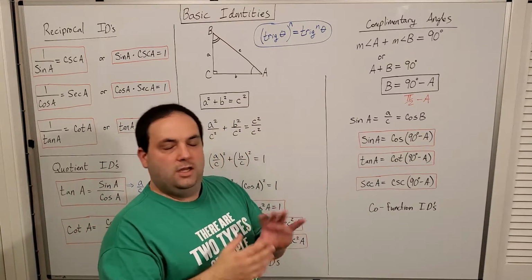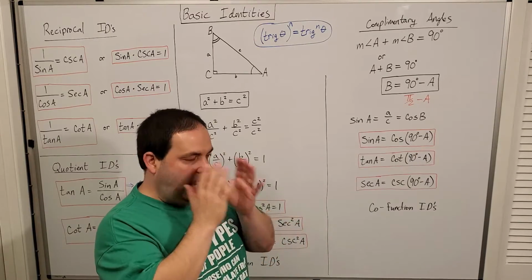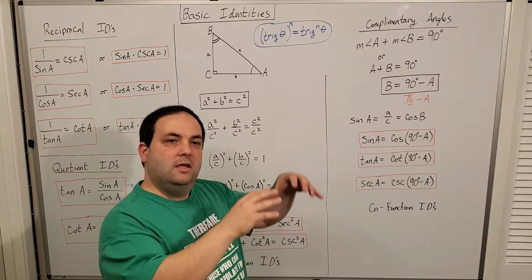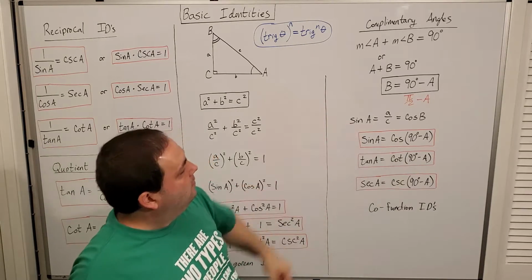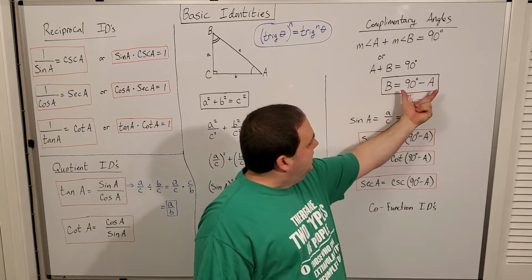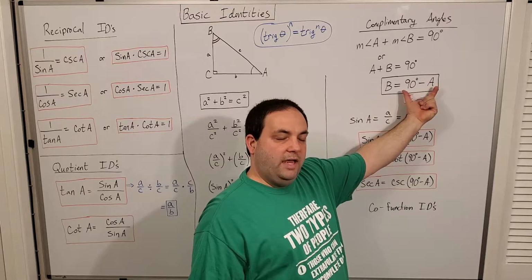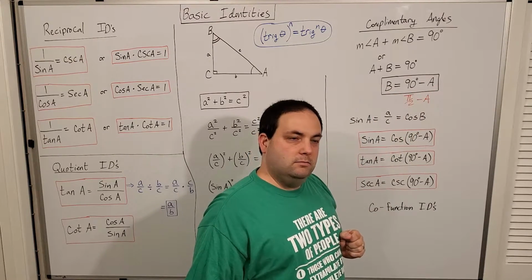Think of it as the complement of angle A. So B is the complement of angle A.